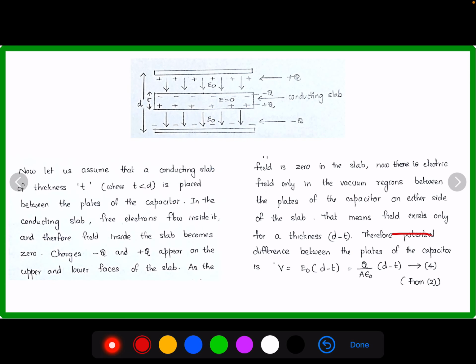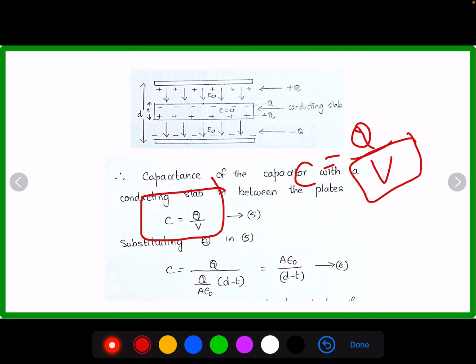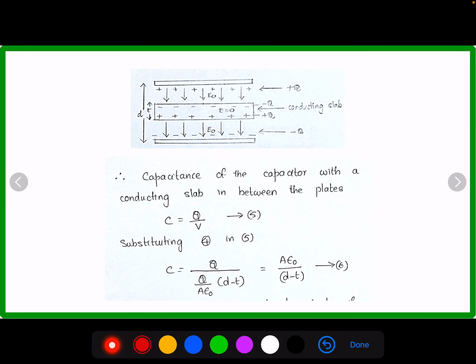Equation 4 means this equation. We will substitute V is equal to Q by A epsilon naught into D minus T. Therefore, you will get C is equal to Q by V, with V being Q by A epsilon naught into D minus T.